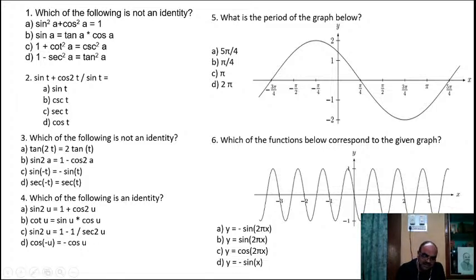Is there anyone who has got the answer as 2 pi? The answer to this question is 2 pi, because it's one sinusoidal movement and the period of the graph between 5 pi by 4 and 3 pi by 4 is 2 pi radians.